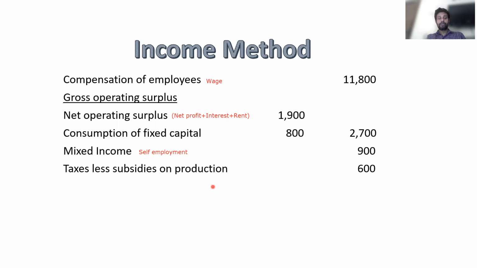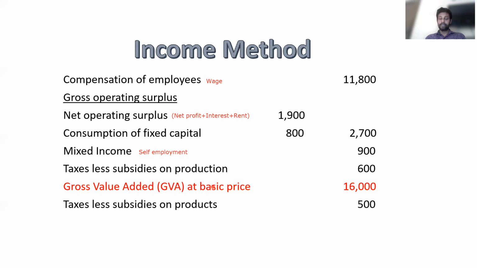Meanwhile, government introduces subsidies, not directly for the product, but training for workers, providing particular support from the government. Anyways, it is a subsidy for the production. Then we can calculate gross value added at basic price when we add these four together.